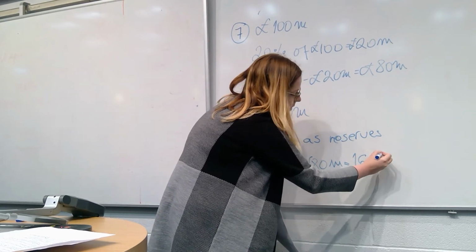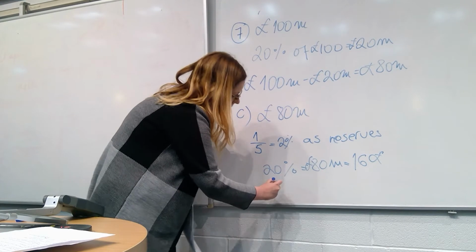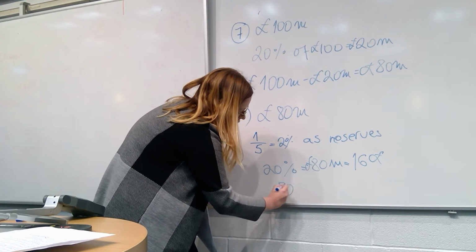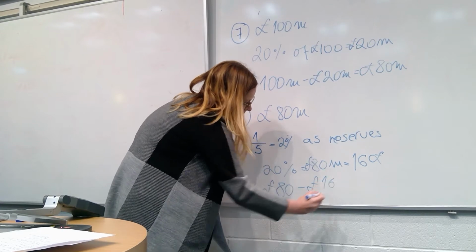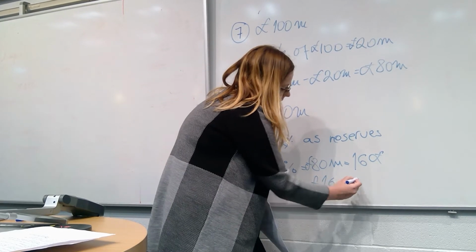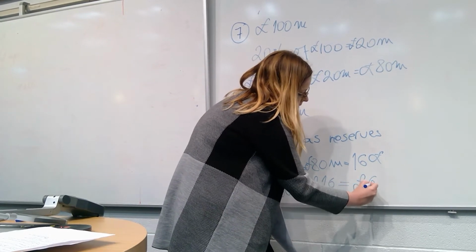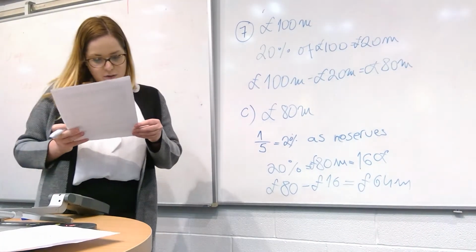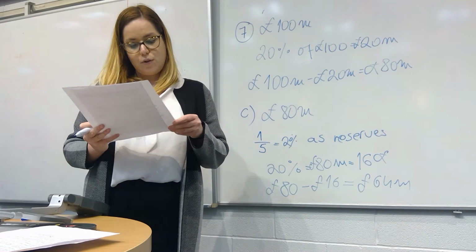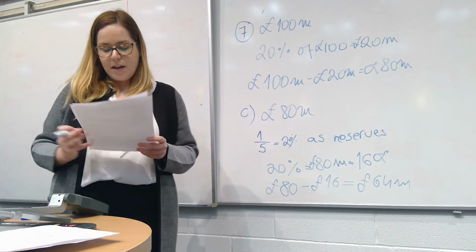This will be kept as reserves, and everything that is not kept as reserves will be lent. So it's 80 minus 16, which is 64 million. That is the answer to question number 7.